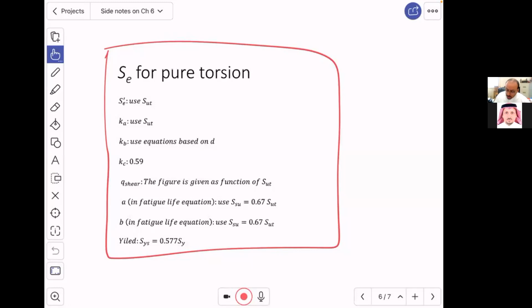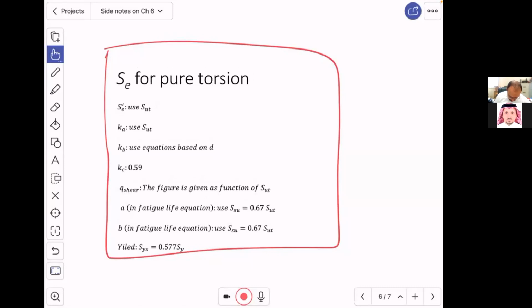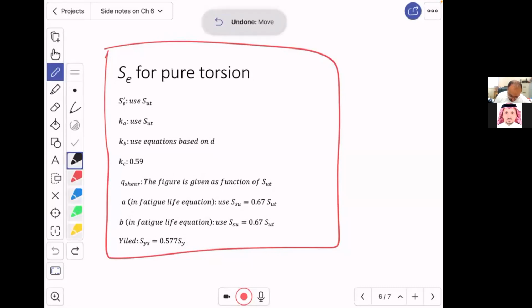You can go ahead and find SE prime using SUT. You don't need to convert SUT into the shear ultimate. Then, if you need to correct it, Ka has been developed as a function of SUT.